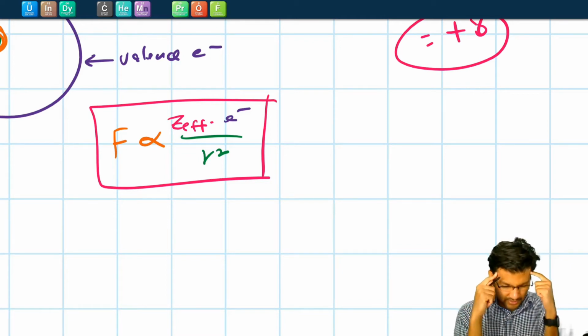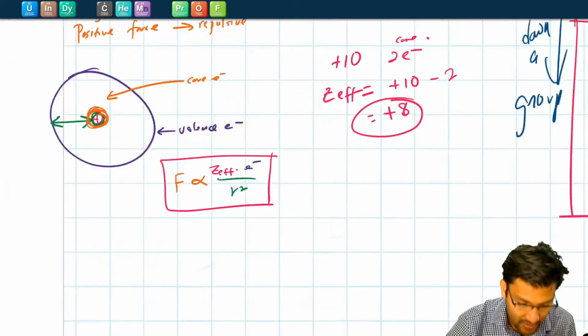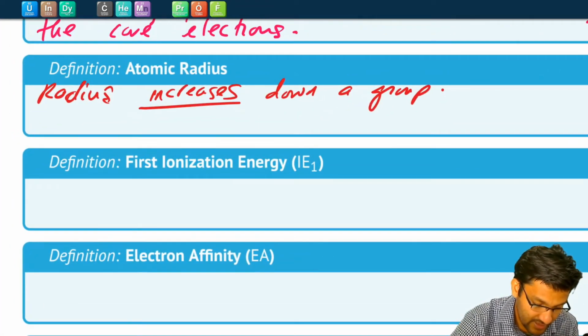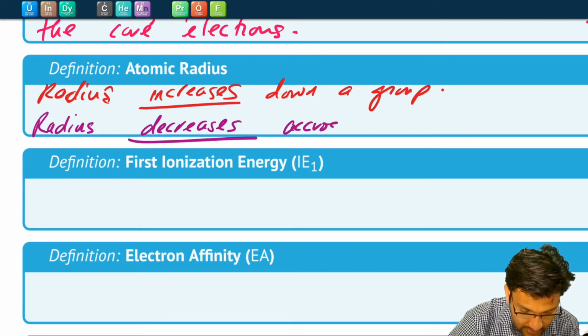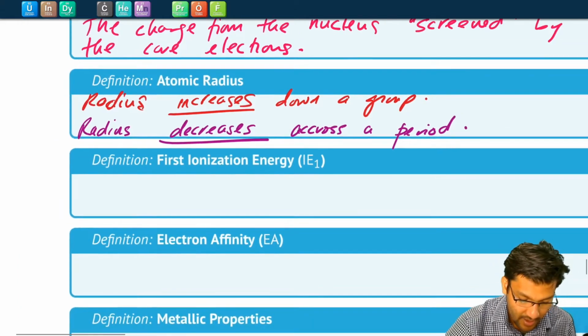So if the force pulls on electrons stronger, the atom is going to get smaller and smaller because the electrons are being more tightly pulled in. So generally then, what this means is that the radius decreases across a period, right? And so that's something we need to know.